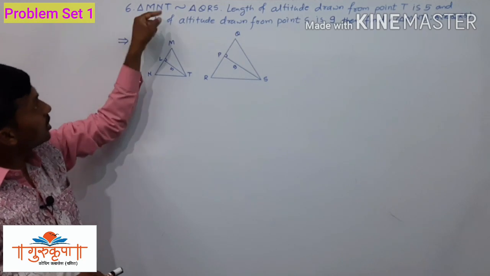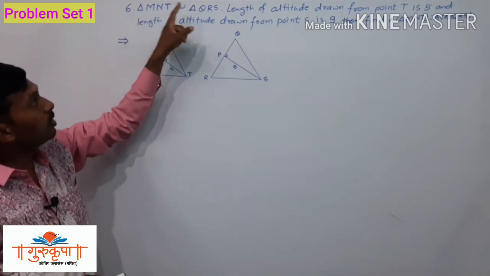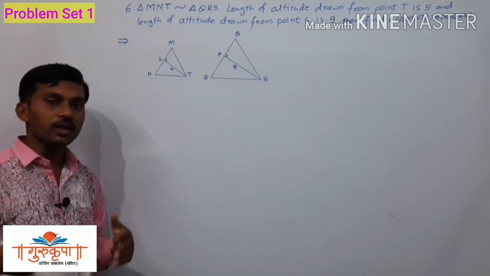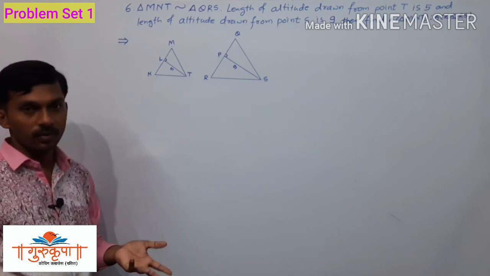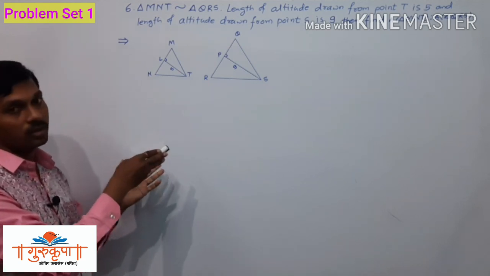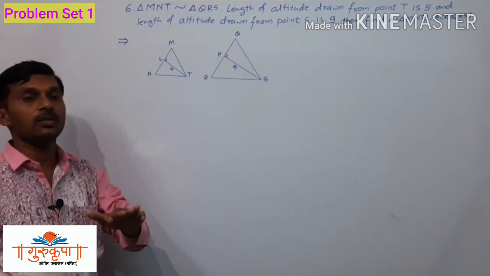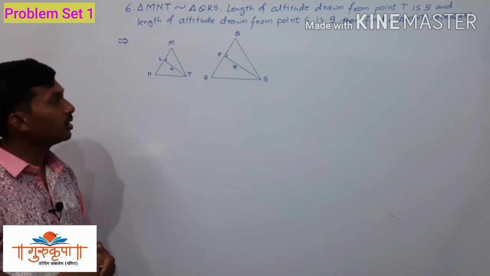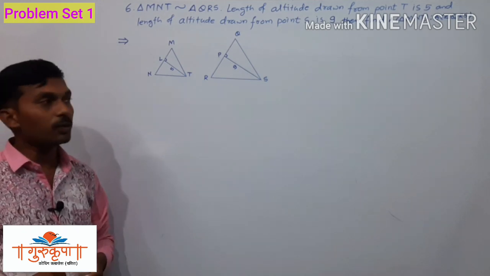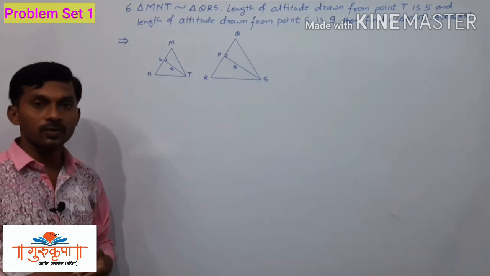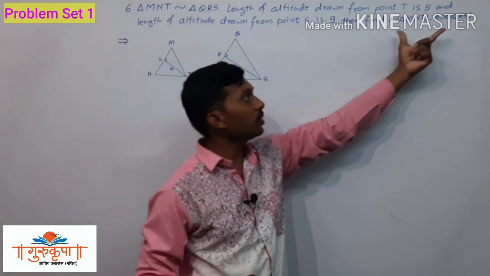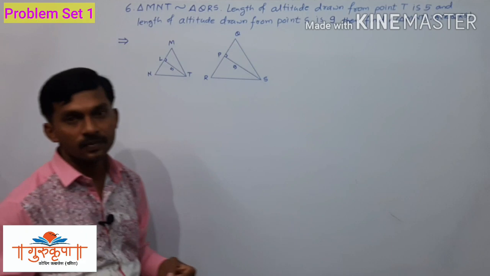Here in this example, both the triangles are similar, and we have to take care to determine first whether the given triangles are similar or not, and then we can use the property to find the ratio of the areas of two triangles.